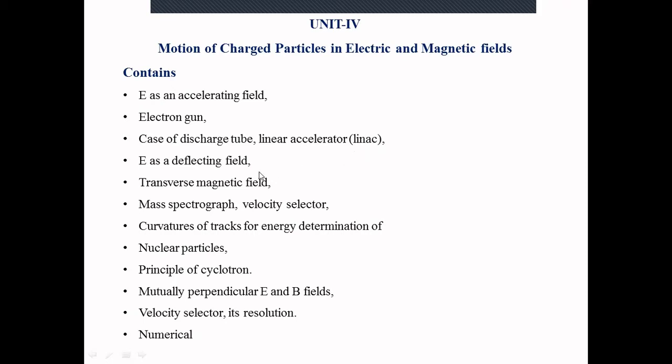E as deflecting field, transverse magnetic field, mass spectrograph, velocity selector, curvature of track for energy determination of nuclear particle, principle of cyclotron, mutually perpendicular E and B fields, velocity selectors and its resolution, and numericals.